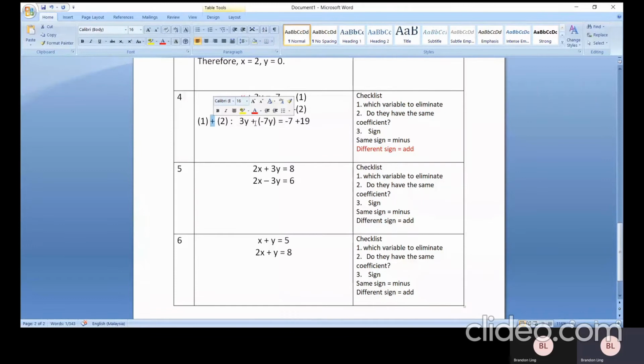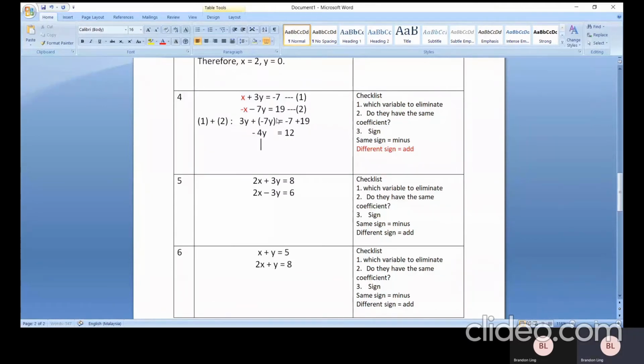So you have 3y plus negative 7y equals to negative 7 plus 19. So the next step will be 3y minus 7y, reason being that plus minus becomes negative. So 3y minus 7y, you get minus 4y equals to 12.